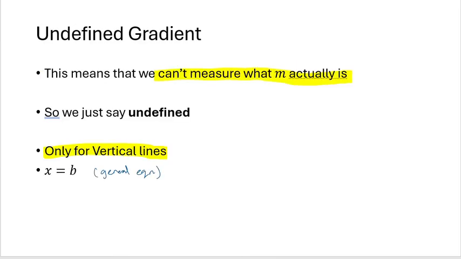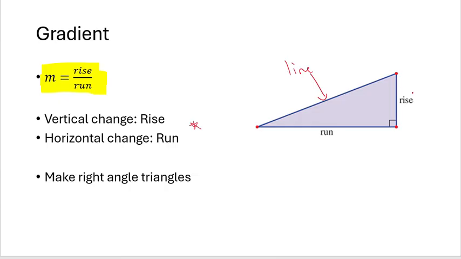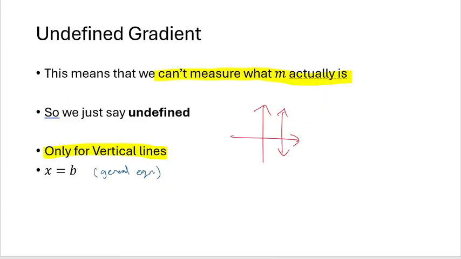Now, if we refer back to this undefined gradient, just remember this vertical line is just like that. If the whole concept is to try and make a triangle out of this, you can't really make a triangle out of this line. It's literally impossible.